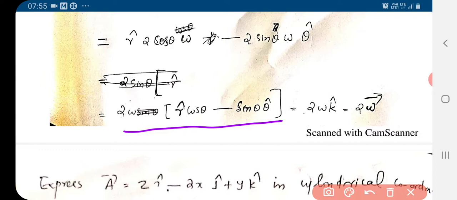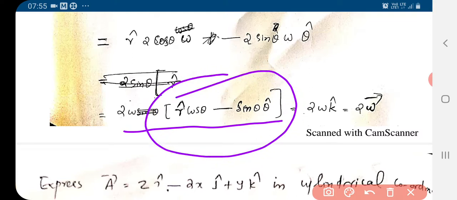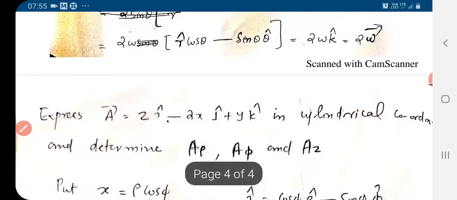This is 2 omega k, because this is actually the unit vector k in the spherical polar coordinate system. So del cross v is 2 omega k. So that completes the solution.